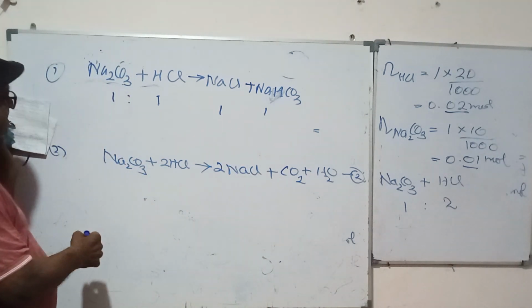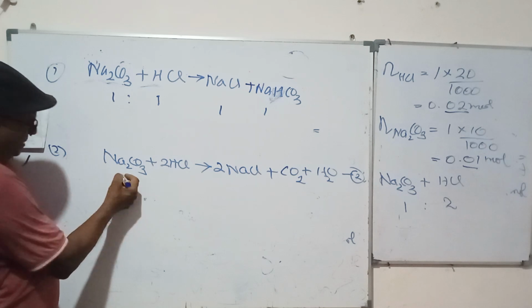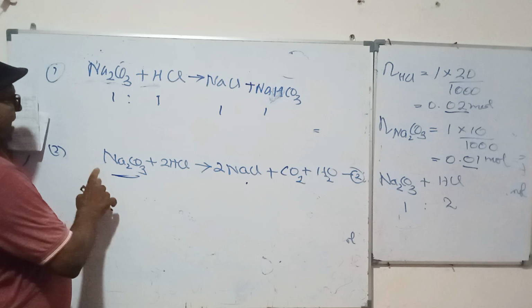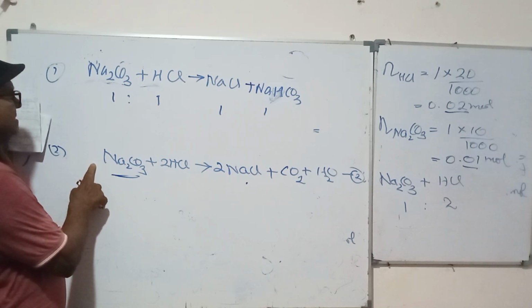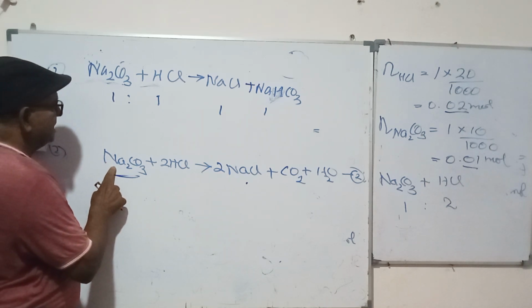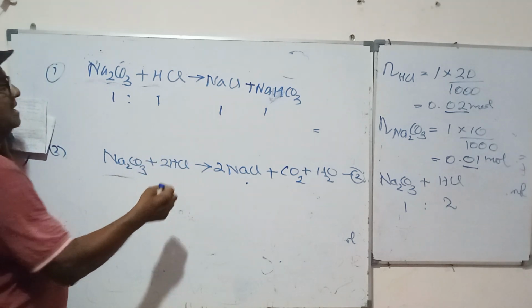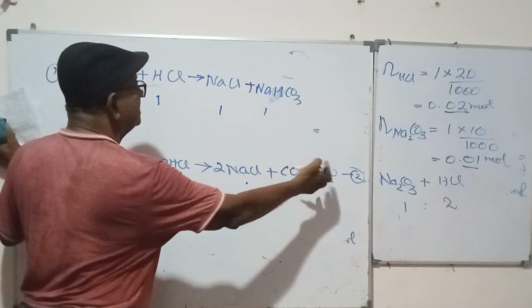So it is clear that sodium carbonate gets completely reacted; according to this equation, 1 mole of sodium carbonate requires 2 moles of HCl to give sodium chloride and carbon dioxide and water.